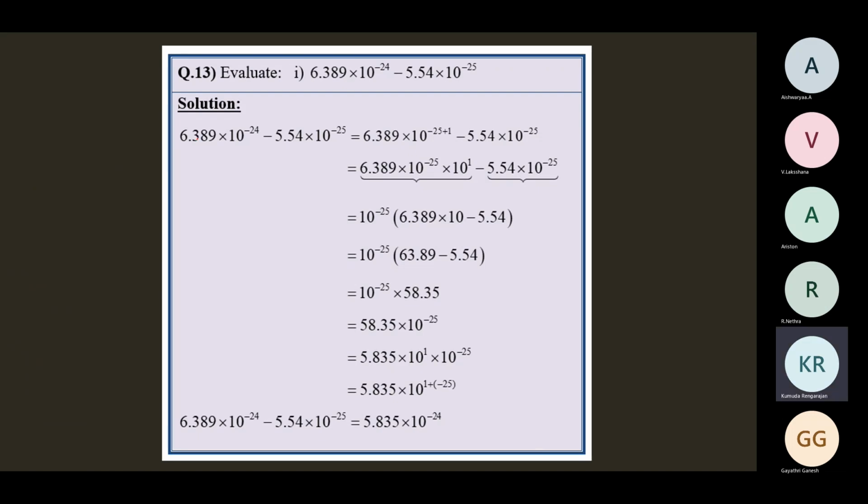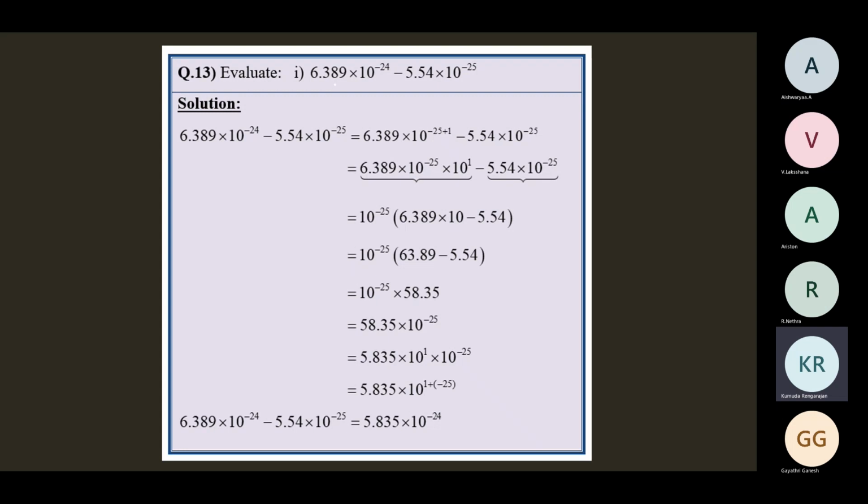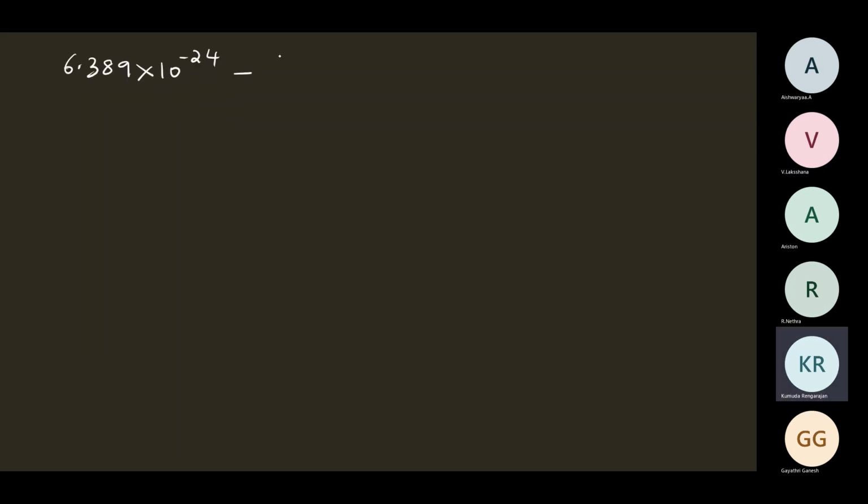So the question is 6.389 into 10 to the power minus 24 minus 5.54, sorry, 54.